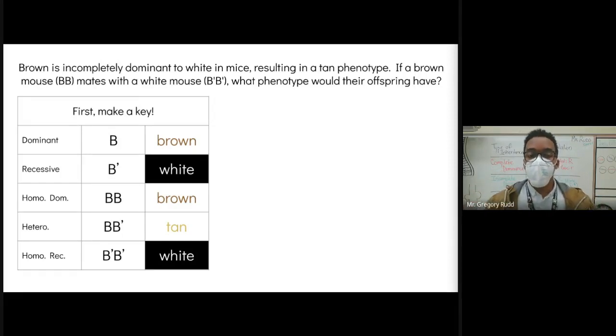But good job. Now that we've completed the key successfully, we are in a great place to go forward. All right, now I want some information from some people at home. What's the next step after we've made the key? What do we do after that?